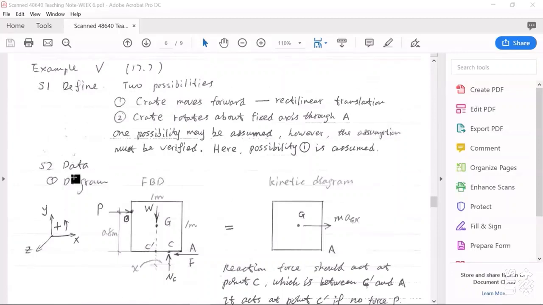Okay, so we define this problem and we can see two possibilities. One is rectilinear translation and another one is rotation about a fixed axis through point A. A is the corner point.